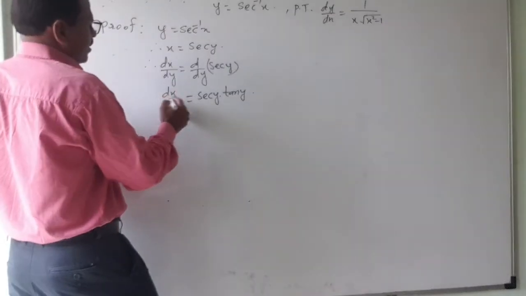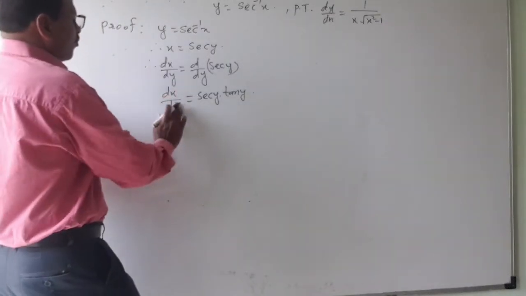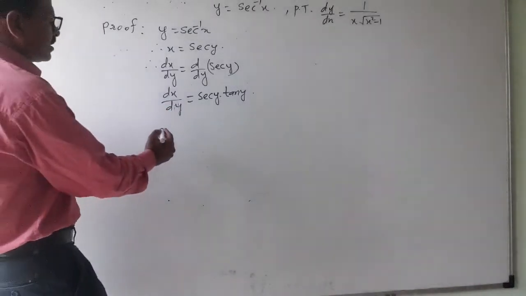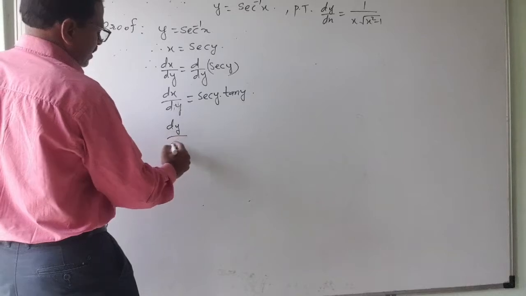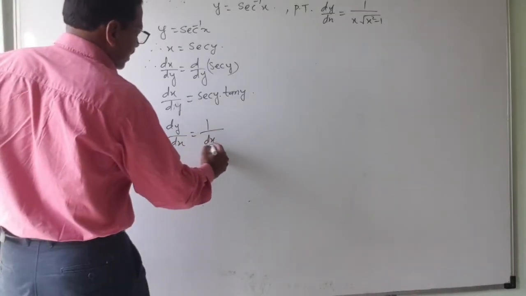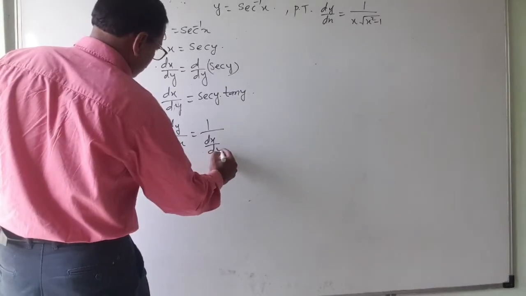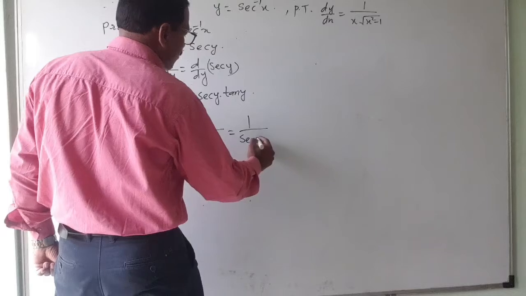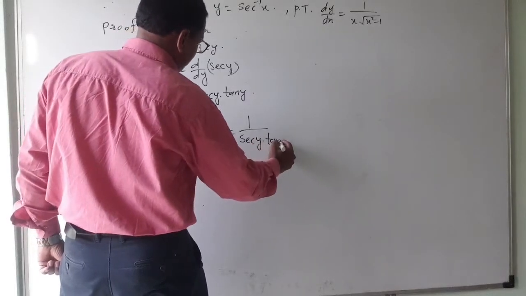This is dx by dy. What we are interested in is dy by dx. So dy by dx is equal to 1 upon dx by dy. That is equal to 1 upon sec y into tan y.